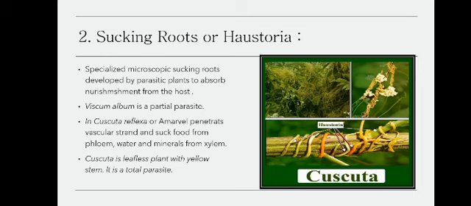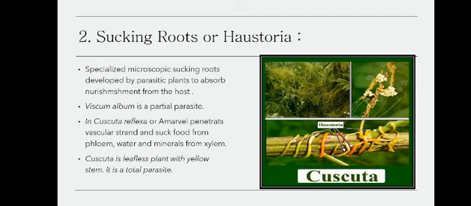Second, sucking roots or haustoria. Specialized microscopic sucking roots are developed by parasitic plants to absorb nourishment from the host. Viscum album is a partial parasite. Cuscuta reflexa or amarvel penetrates vascular strands, sucking food from the phloem, and water and minerals from the xylem.